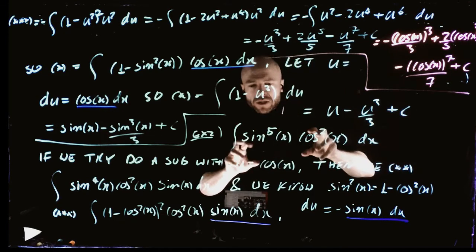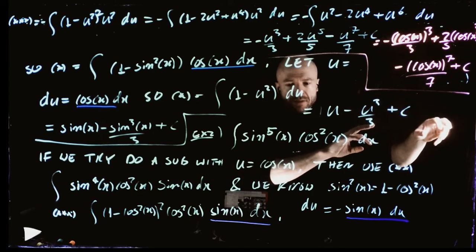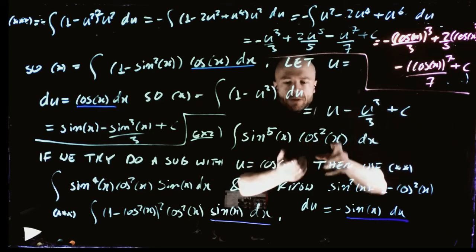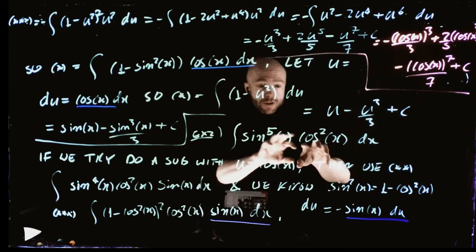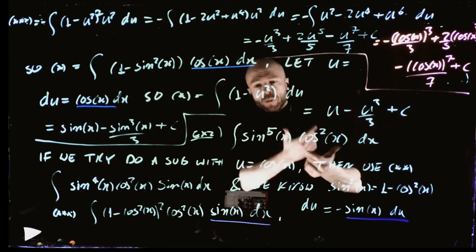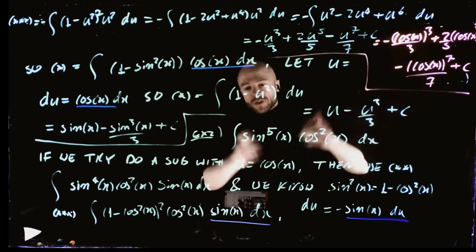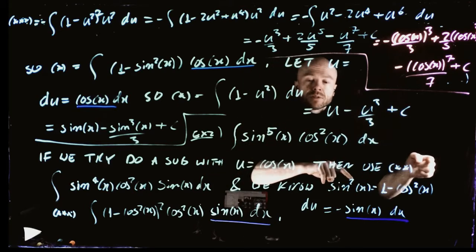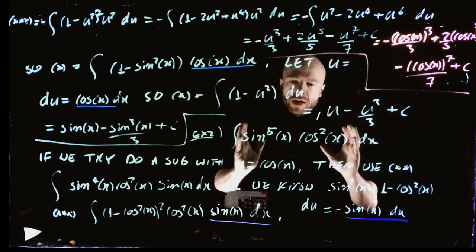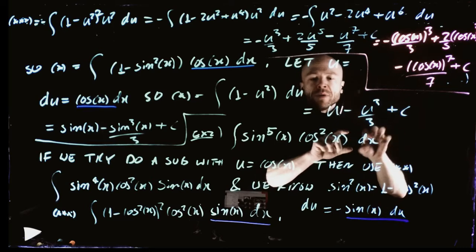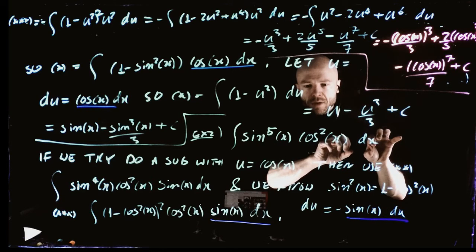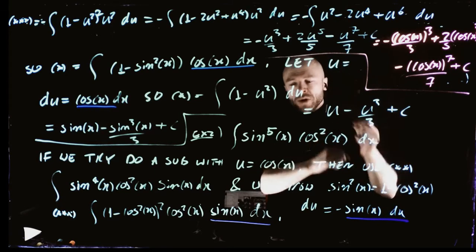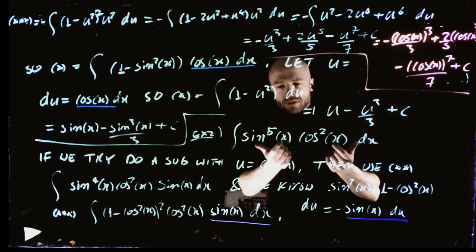So it's going to be all cosines and then sine dx. But we can't do that with sine, because if we get rid of this thing, the only thing we can replace it with, from this trig identity, is 1 minus sine squared. So we'll have the entire thing in terms of sines, and then we need the cosine at the end, right? So doing a u sub with u as sine isn't going to work.